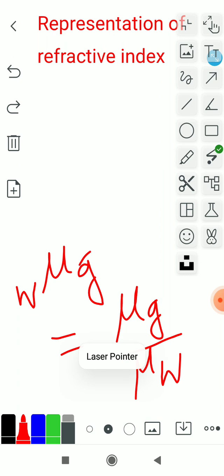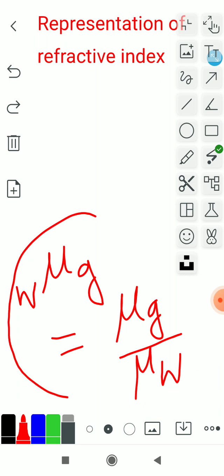At the right-hand side I have written glass, and at the left-hand side I have written water. That means the refractive index of glass with respect to water.